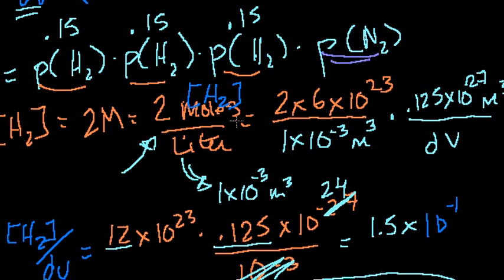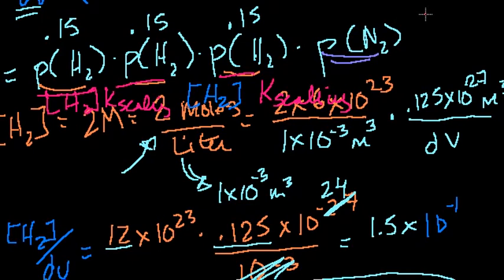We could just say that this was just equal to the concentration of hydrogen times, based on how I picked my dV, I had to do all of this scaling, but it was times some constant of scaling to my appropriate factor. So if we want to figure out each of these, this is just the concentration of hydrogen times some scaling factor.